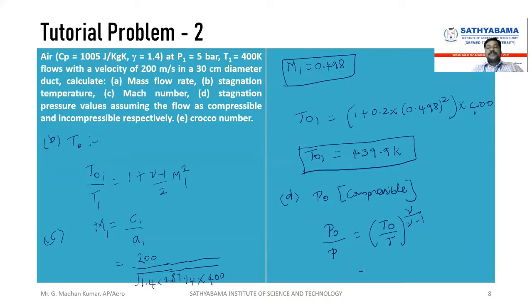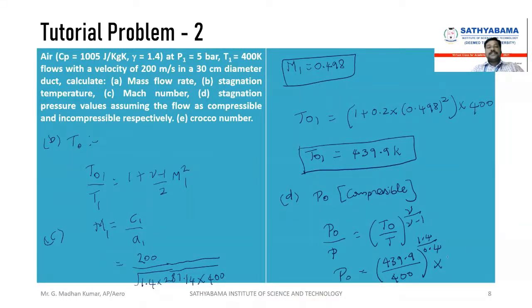So your T0 is 439.9 Kelvin, and your T is 400. Gamma by gamma minus 1, so 1.4 by 0.4, multiplied by pressure.